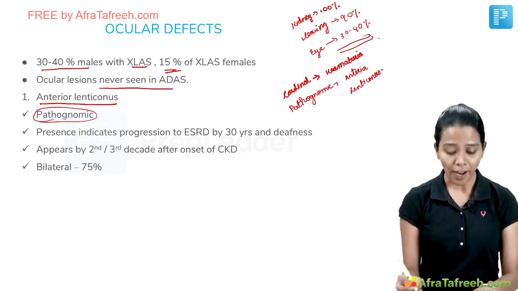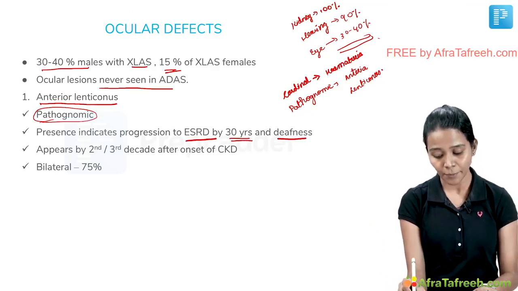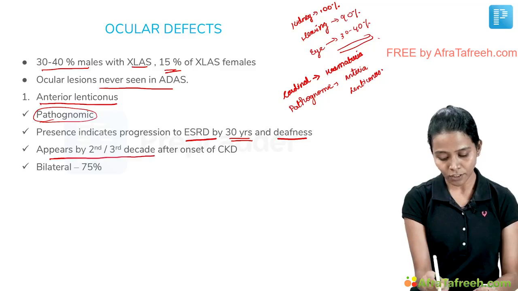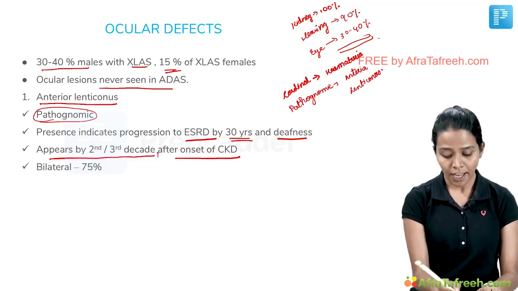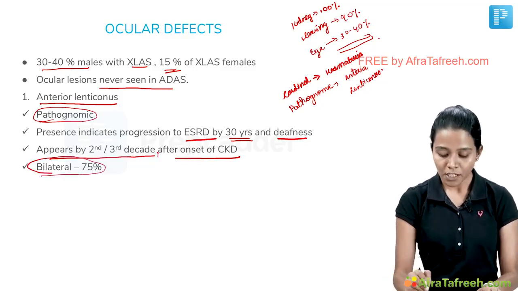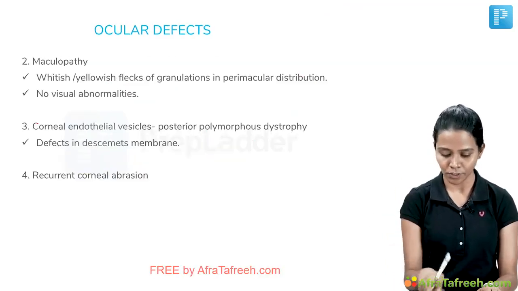The presence of anterior lenticonus indicates that ESRD is going to occur by 30 years and the patient is also going to have deafness. It generally appears by the second or third decade after the onset of CKD, and it is bilateral in 75% of people. So the pathognomonic lesion of Alport syndrome is anterior lenticonus.